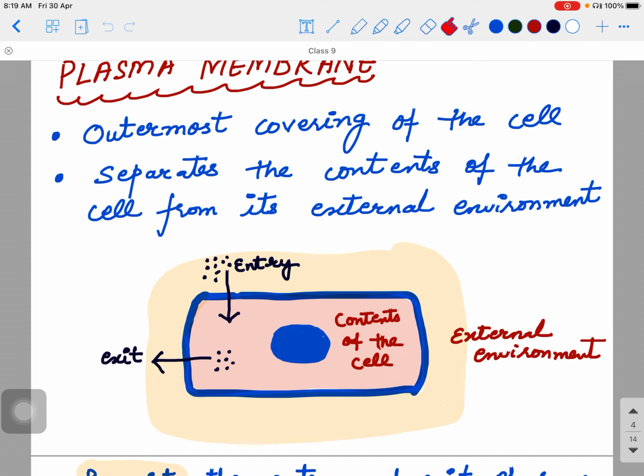So from this diagram, you can see that the plasma membrane is separating the contents of the cell from the external environment. If plasma membrane is not there, then the contents of the cell will flow out into the external environment. There will not be any cell. So the presence of plasma membrane is essential.